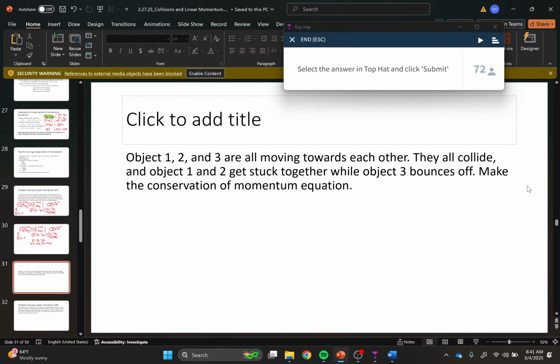There you go. Now you know how to do this. You can basically build a conservation of momentum equation. Right? That's the new thing. Any other skill you need a problem with, like breaking vectors into X and Y and stuff like that.